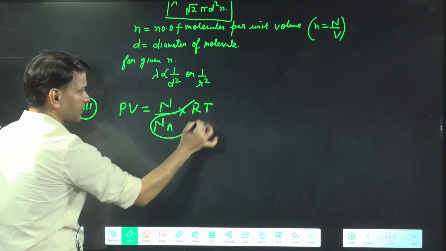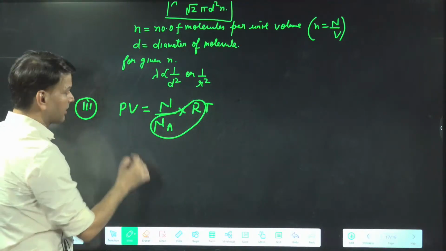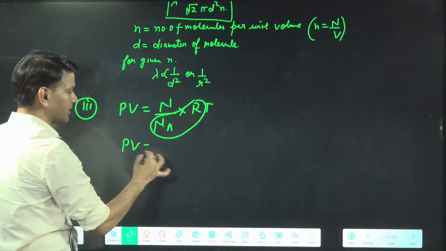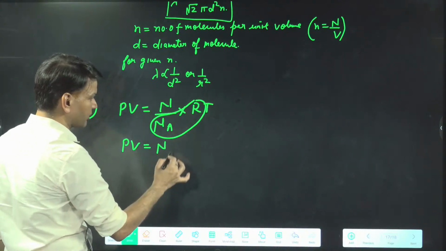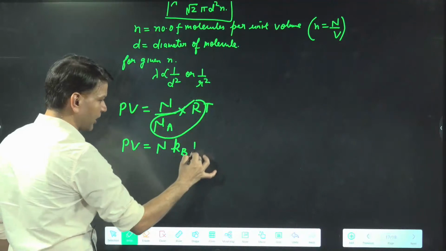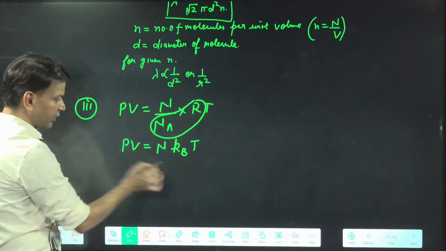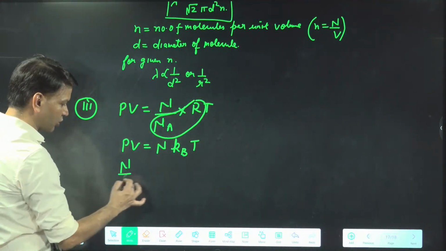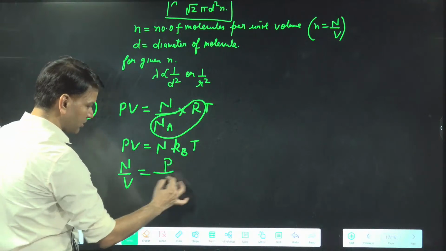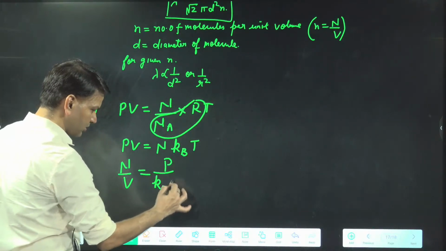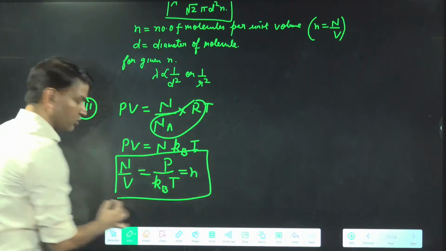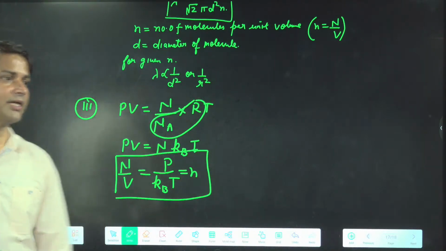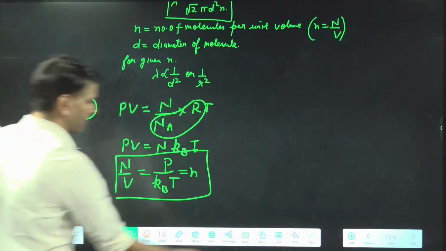R by Na is K. So the ideal gas equation we can write in this form: PV is equal to NKT. This V you will shift here. So N by V, what you will get? P upon KB into T. This is small n. So small n we can write as P upon KB into T, where KB is the Boltzmann constant.